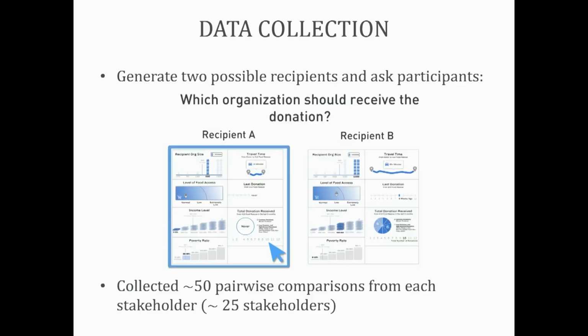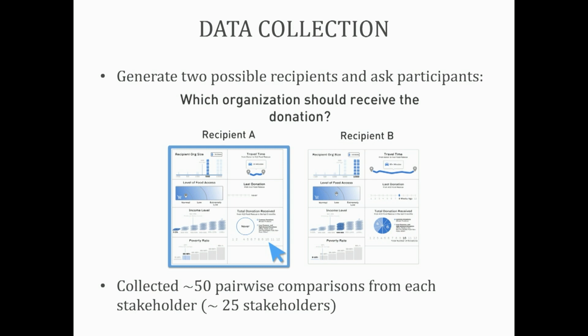And then what's a piece of data? I give you a feature vector, and I give you another feature vector, and I ask you who should get this donation, A or B. Okay, so this is a toy recipient A with a specific organization size at a specific distance from the donor that received the last donation a week ago or never, and recipient B is a different feature vector.